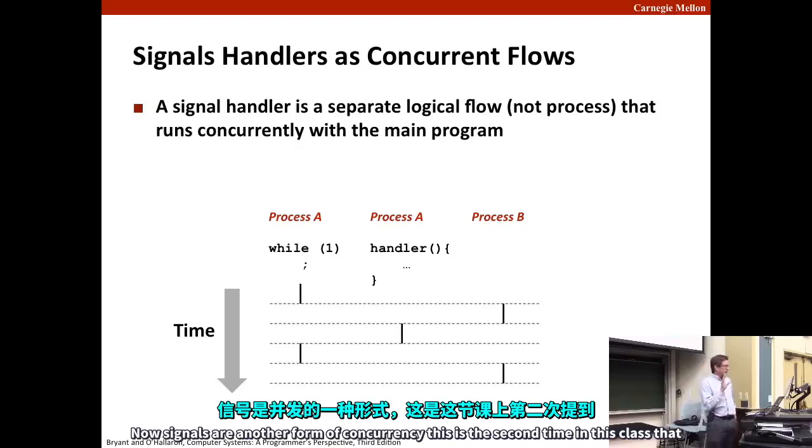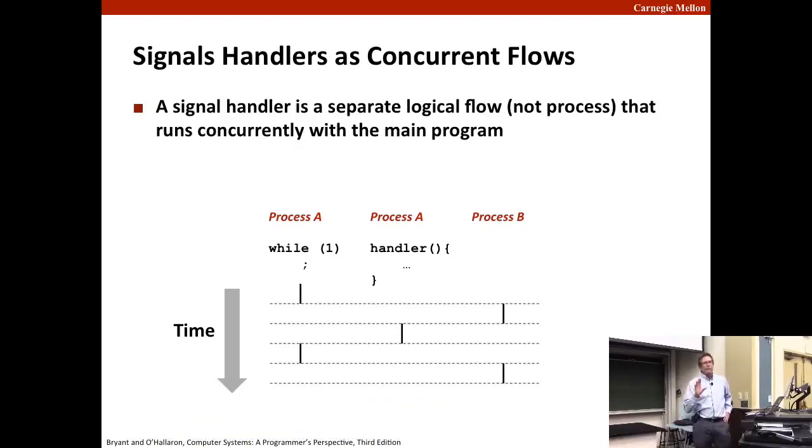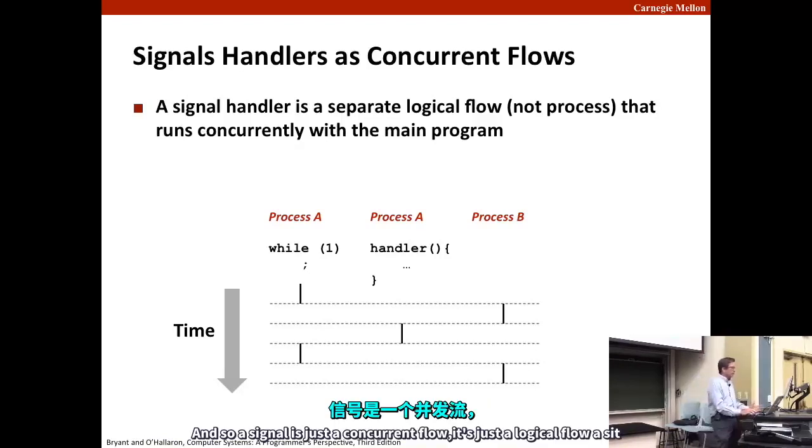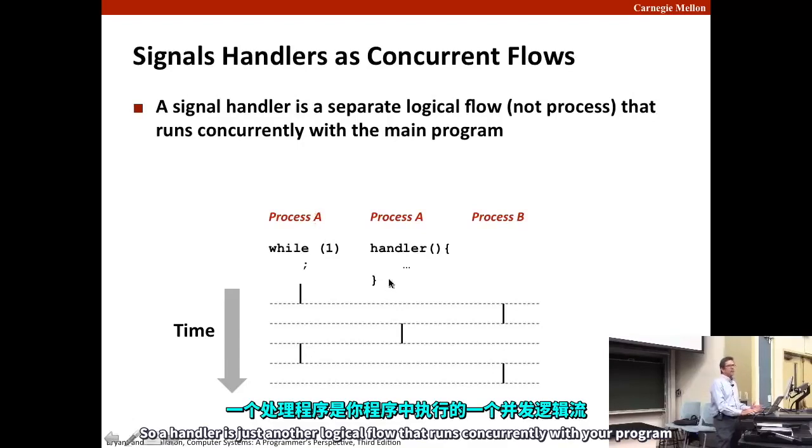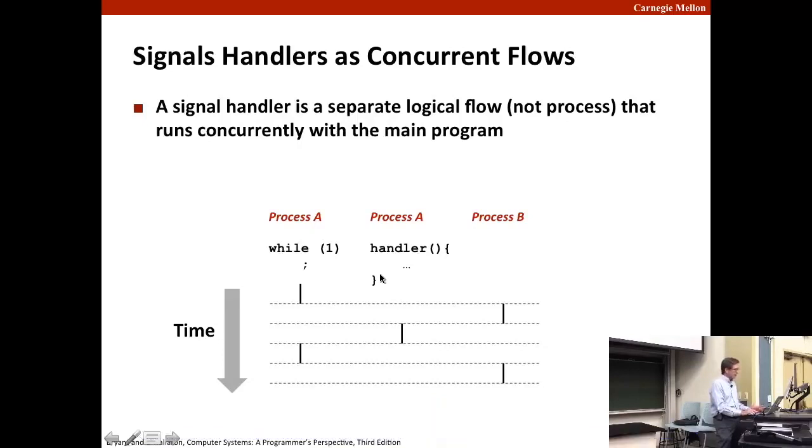Now, signals are another form of concurrency. This is the second time in this class that you've experienced concurrency. A signal is just a logical flow. A handler is just another logical flow that runs concurrently with your program.